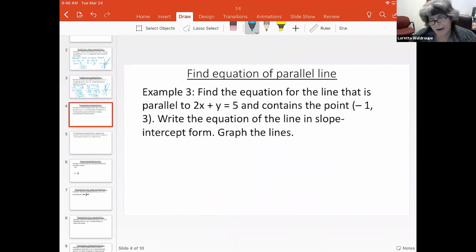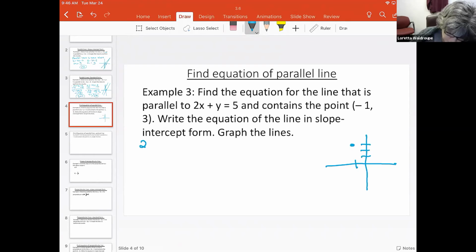Okay? Now, given a line, how do you find the equation of a line parallel to it if we only know a point that it goes through? So over here, here's what they're saying. Here's my point, -1, 3.